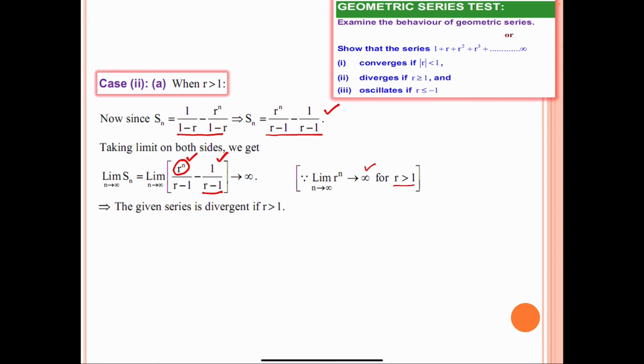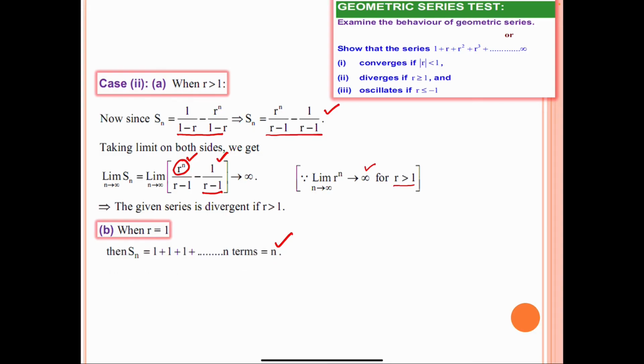Clear? Now, second case, when r is equal to 1. So when r is equal to 1, what happened? What is Sn? Sn is very simple, 1 plus 1 plus 1 plus 1 up to n terms. After taking sum it is obviously n.